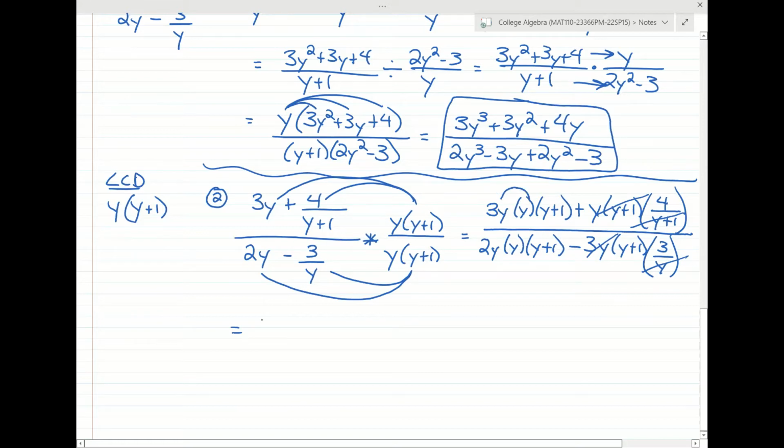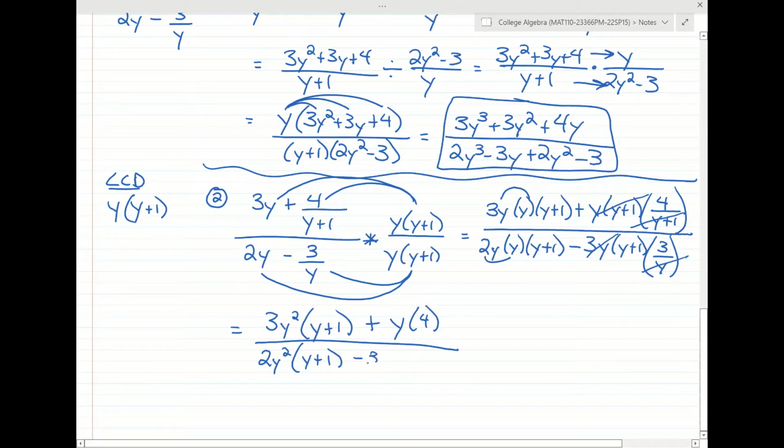3y times y is just 3y squared, which will multiply by y plus 1. And we're going to multiply y times 4. On the bottom, we have 2y times y is 2y squared times y plus 1, minus 3 times y plus 1 times 3.